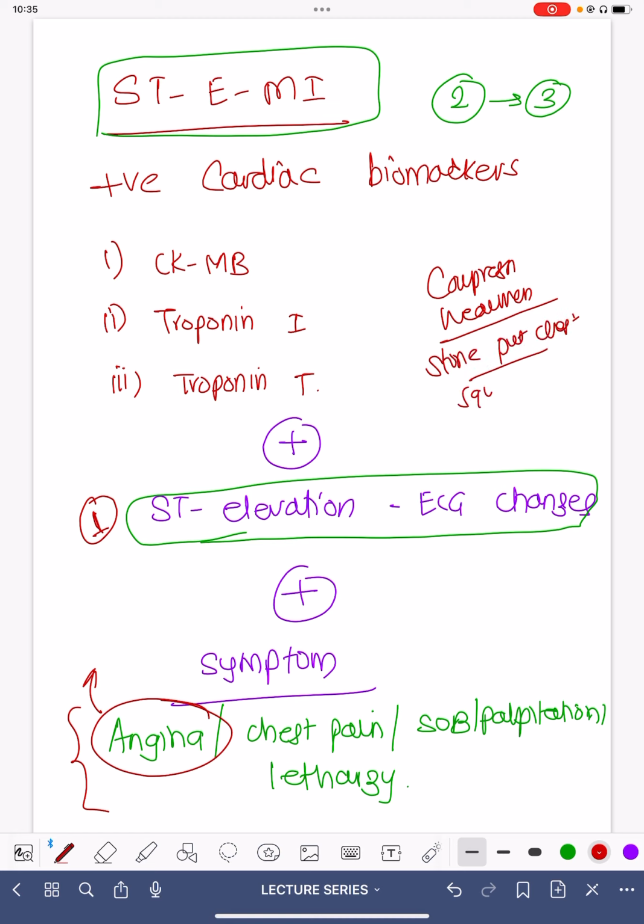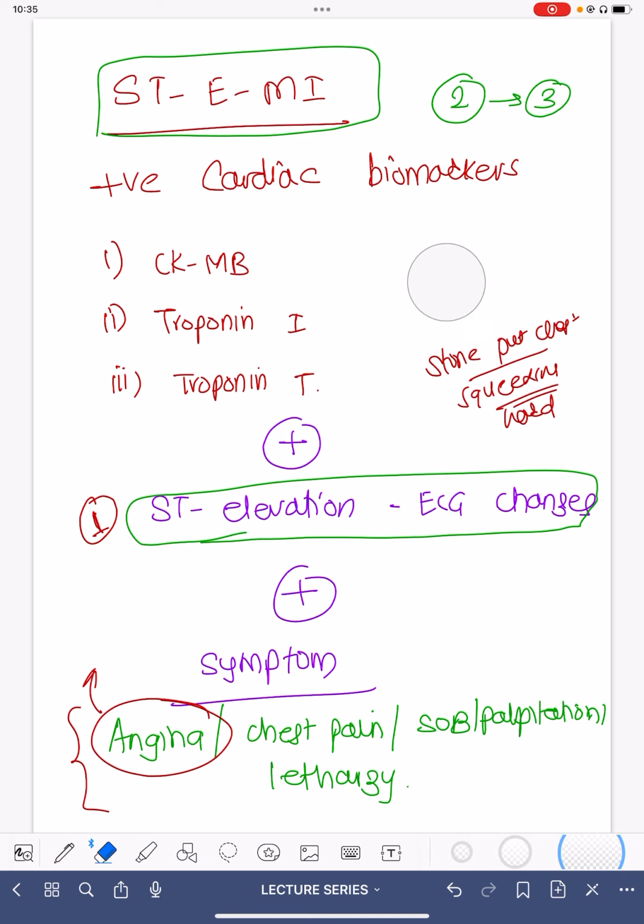It can be a squeezing type of pain, a very hard, huge pain that the patient usually shows is present behind the sternum. This chest pain may radiate to the jaw, or to the medial part of the right or left upper extremity, but it is usually never present below the umbilicus.